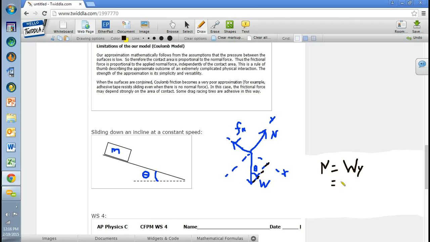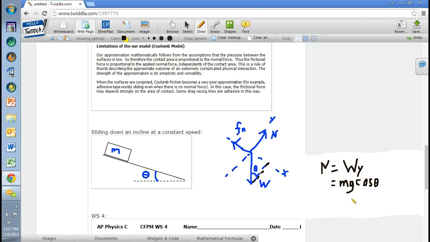So it's going to be the mass times g to figure out the weight, but then I would multiply by the cosine of theta. Okay, so we're okay with that?